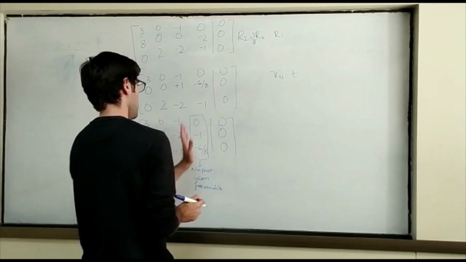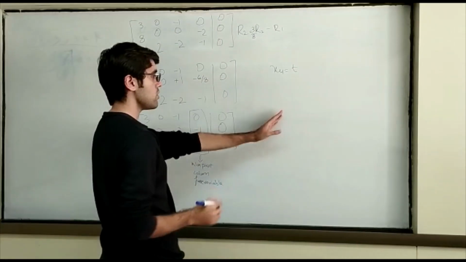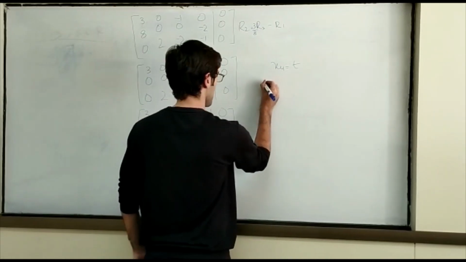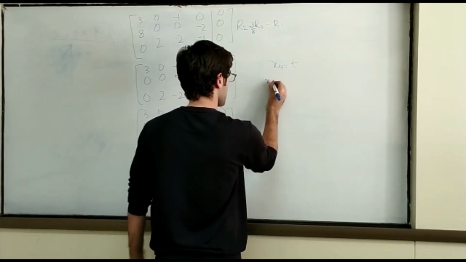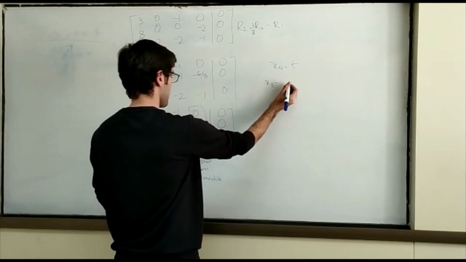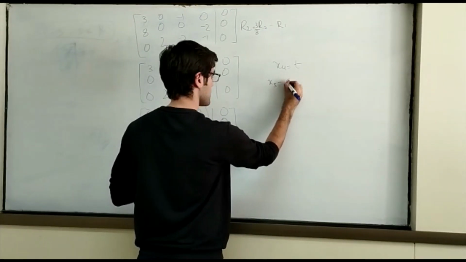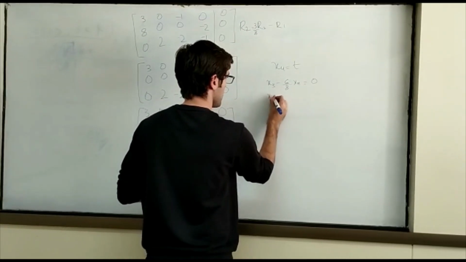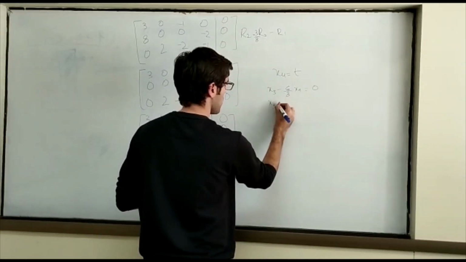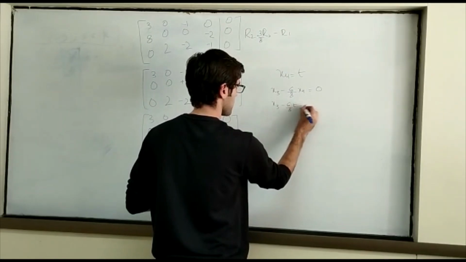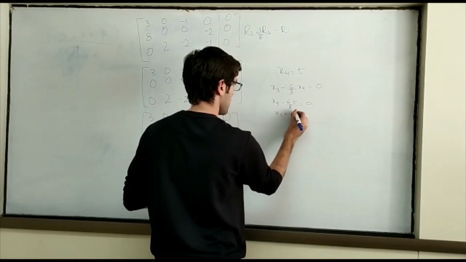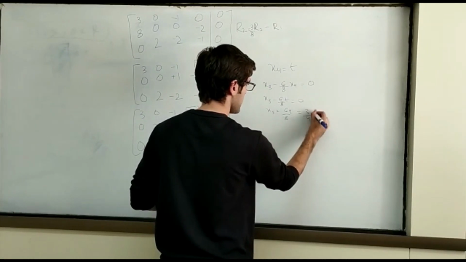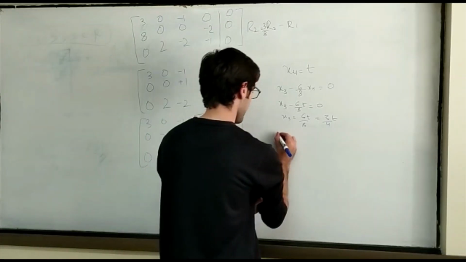Now we will write down the equations and use the value of x4 in these equations to get the values of x1, x2, and x3. So we have, for the third row, x3 minus 6 upon 8 x4 equals to 0, which then plugging the value of x4, you get this. And this can be simplified to 3 upon 4. Now we will write the second equation.